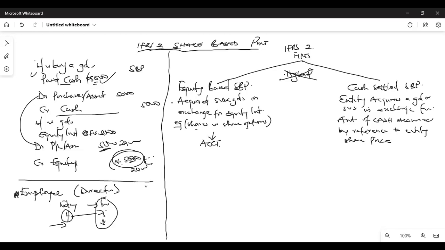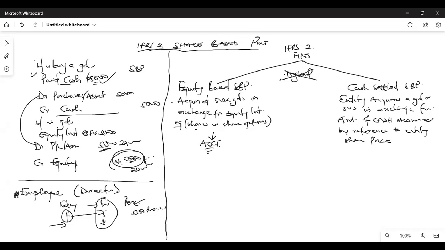So I've bought a pen from you, but instead of paying you cash, I am giving you 500 shares. So that at some point in time, you'll be benefiting from the returns on equity, or if you decide to sell the shares when it becomes yours, then you benefit from whatever you have, all right?